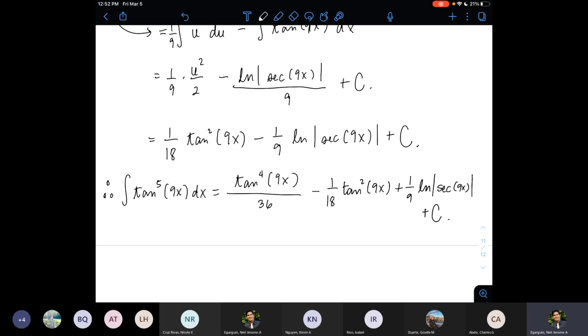But there are some cases from section 8.2 wherein you will need to use either U substitution, which you learned back from Calculus 1, or you'll need integration by parts, something that you have learned from section 8.1. So it is really a chain of methods that the latter methods might depend on the earlier ones.